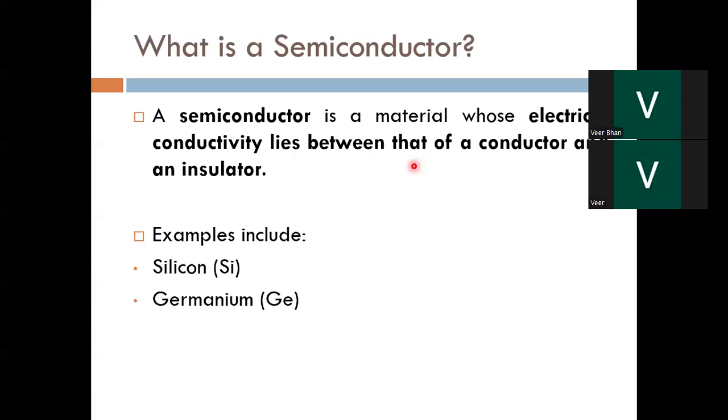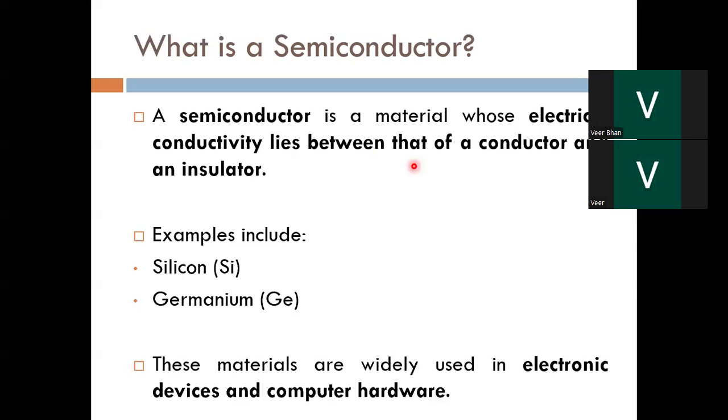Examples are, as we know, silicon and germanium, the group 4 elements, which have 4 valence electrons, the 4 electrons in their outermost shell. And these materials are widely used in many electronic devices as well as different computer hardware.